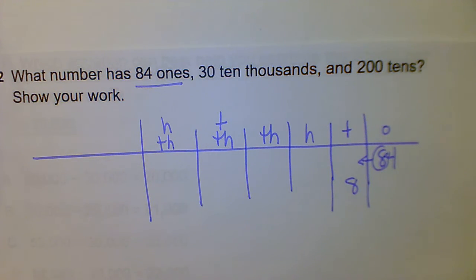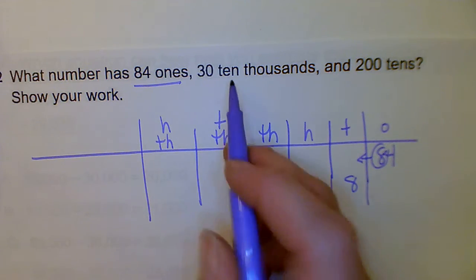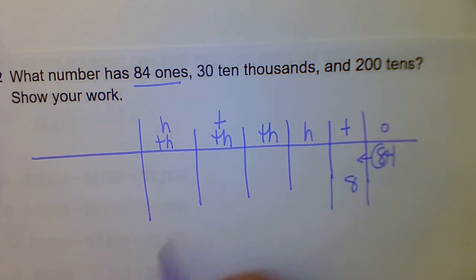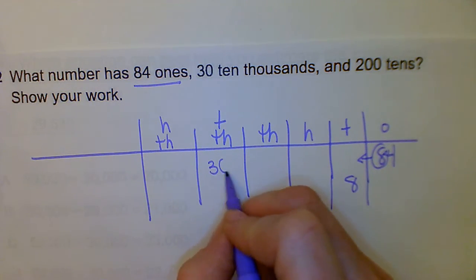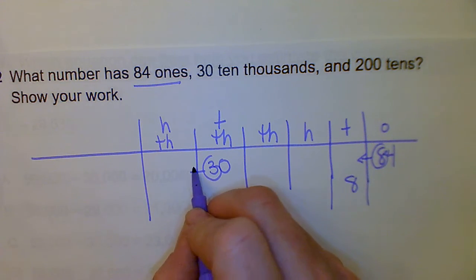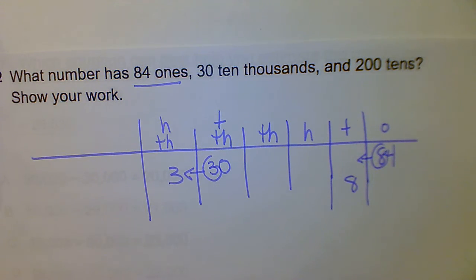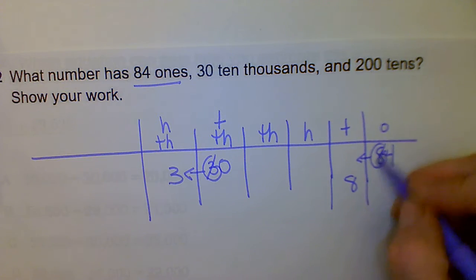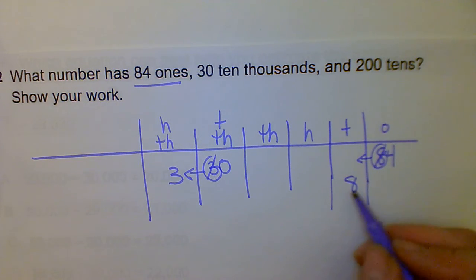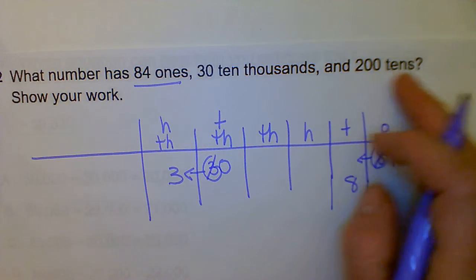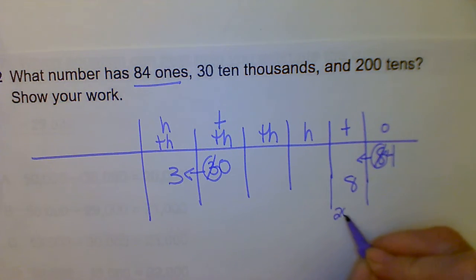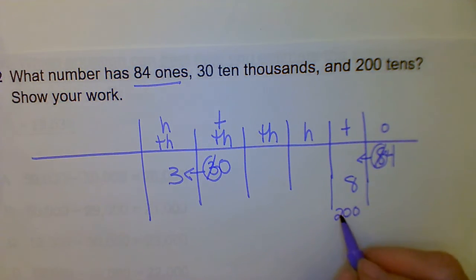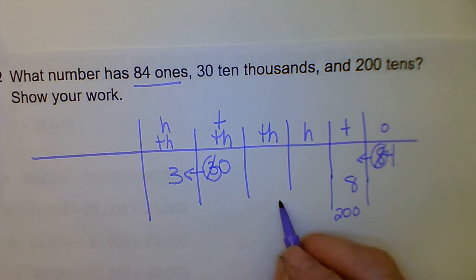And then I can do the same sort of thing with the 30 10,000s. So I can put my 30 10,000s here, but then I can show that that needs to move over there, right? Let's do that like this too. You move down there, but that's okay. And then I have my 210s. So let's go ahead and we can write our 210s. But then what I can show is that these need to move over.